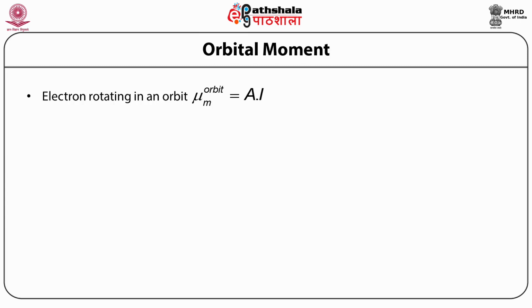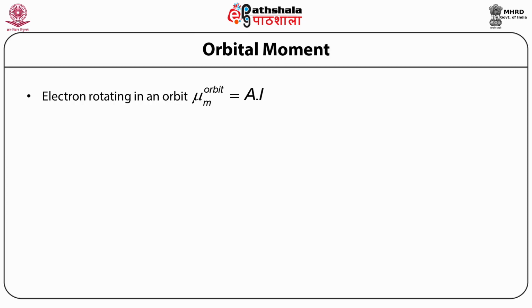Let us represent the orbital moment by mu m orbit, which is equal to A multiplied by current, where A is the area of cross section and I is the current.